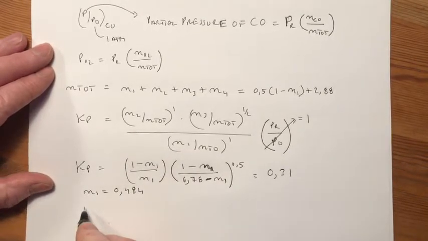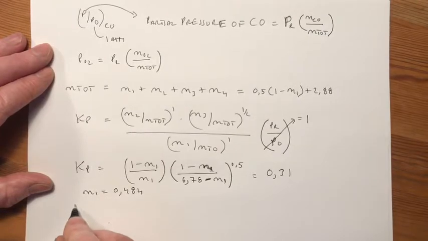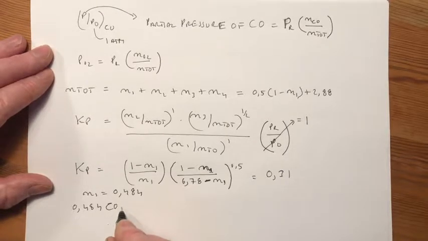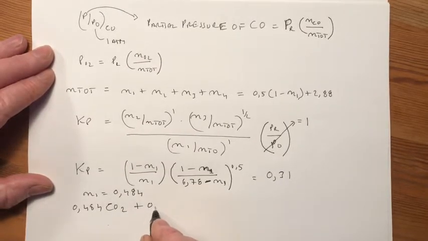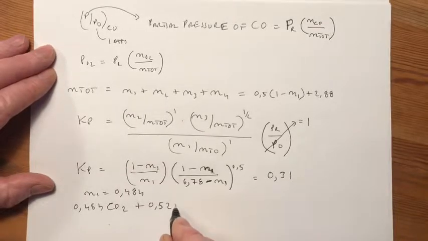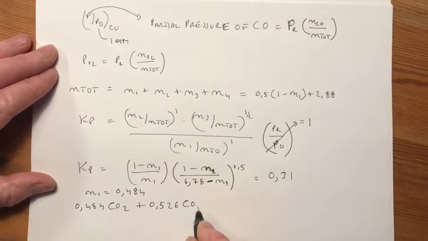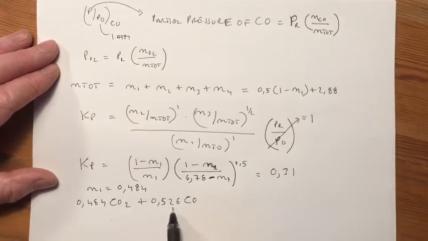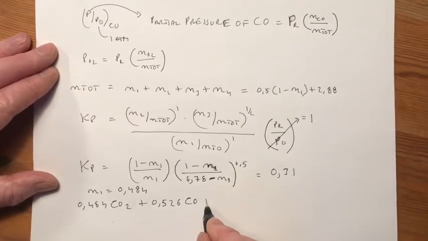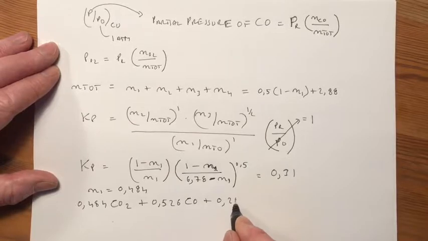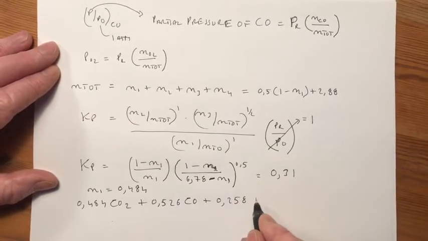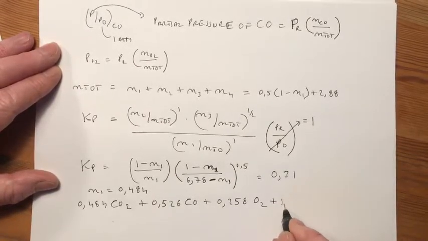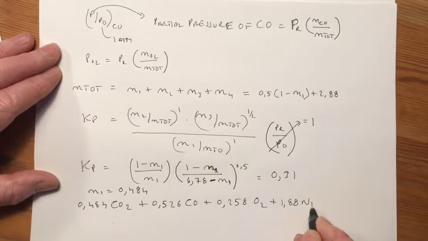So this simply means that the total composition is 0.484 of CO2 plus 0.526 of CO. Remember that N2 was simply equal to 1 minus N1. Plus 0.258 of O2 plus 1.88 times N2.